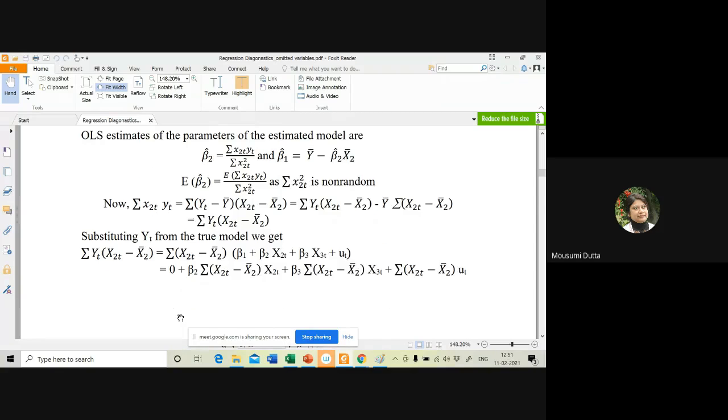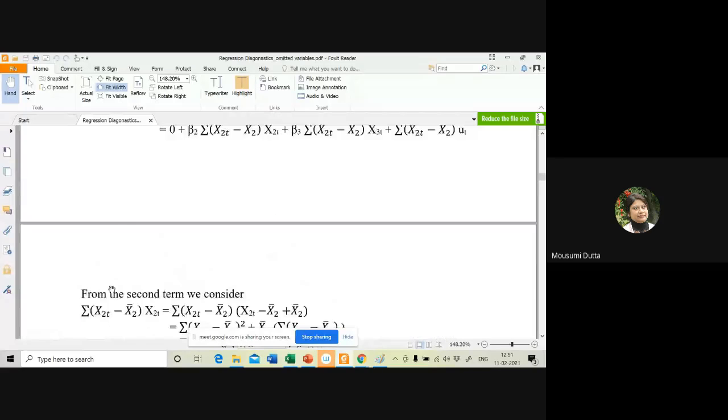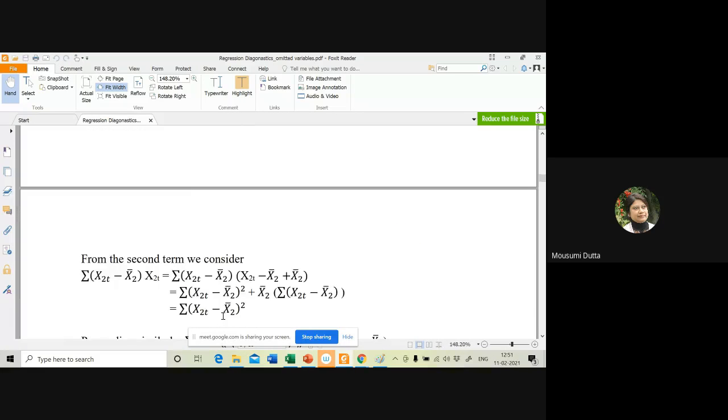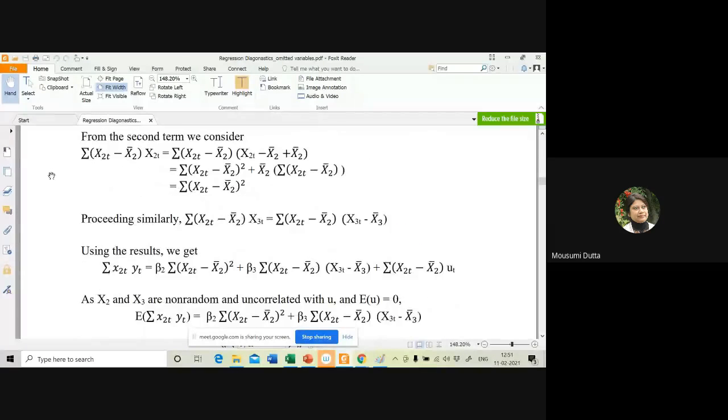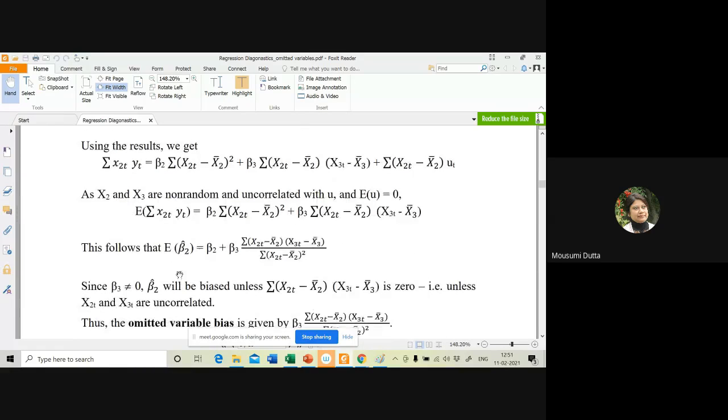Okay, so check all these calculations. Summation yt x2t into x2 bar, we are getting this value. From the second term, we are getting this value to be this. So we proceed in a similar way, and finally we get expectation of beta 2 hat is equal to beta 2 plus something.